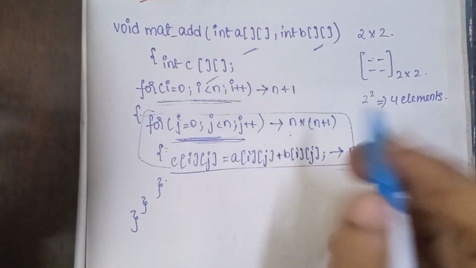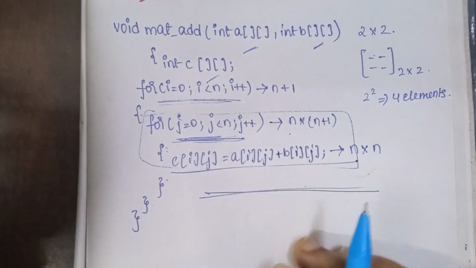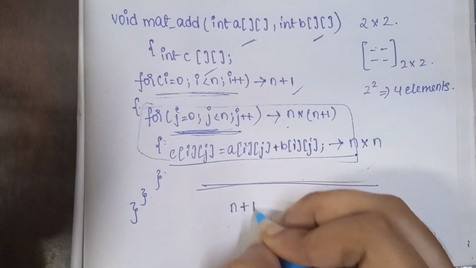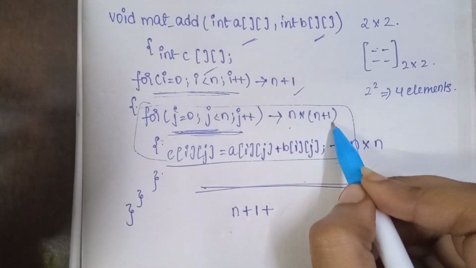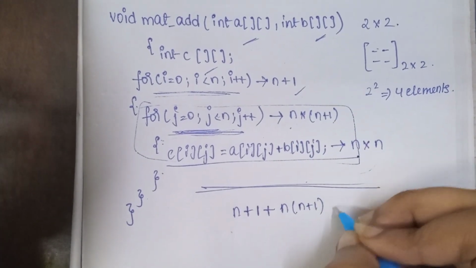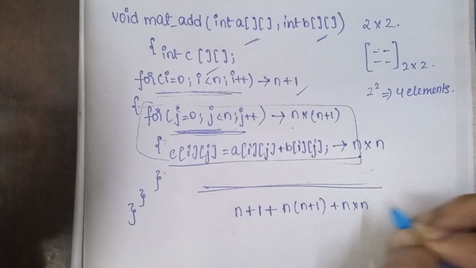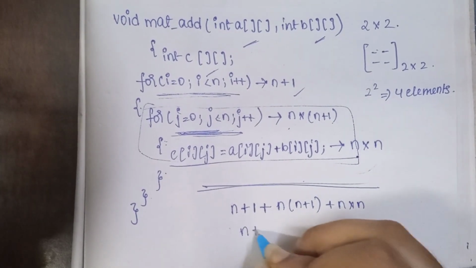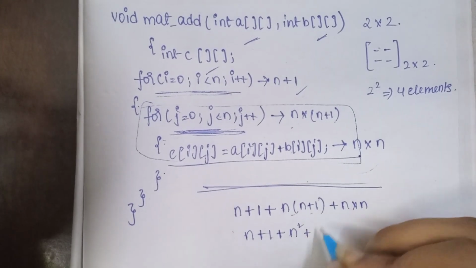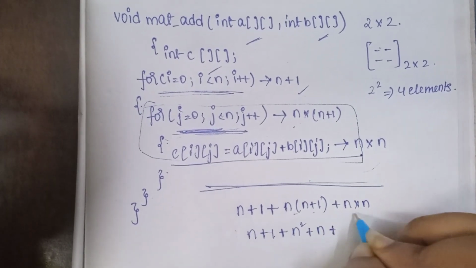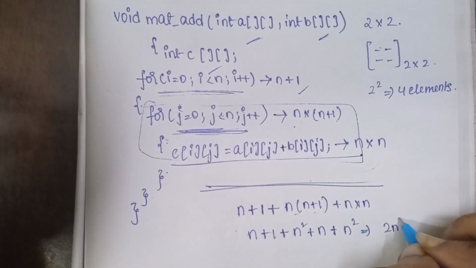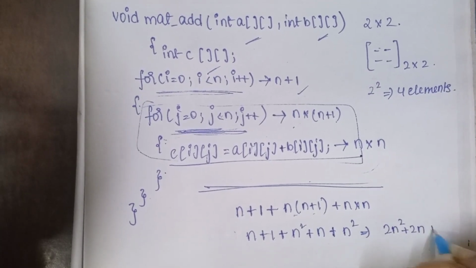So the total time complexity will be first one n+1 plus n into n plus 1, and the next n into n. So now what will be my value? N plus 1 plus n into n square plus n into 1 n plus n into n square. So I'll have 2n square plus 2n plus 1.